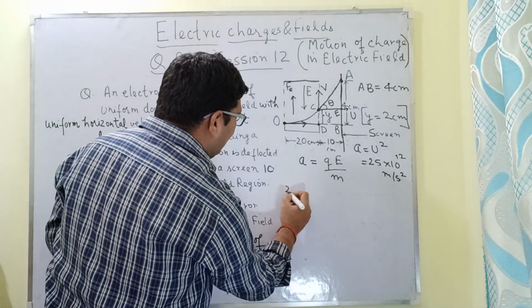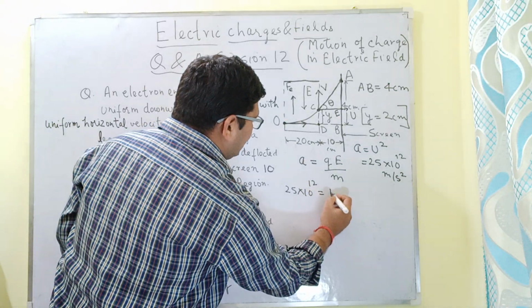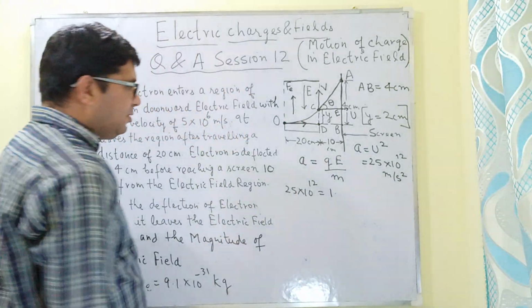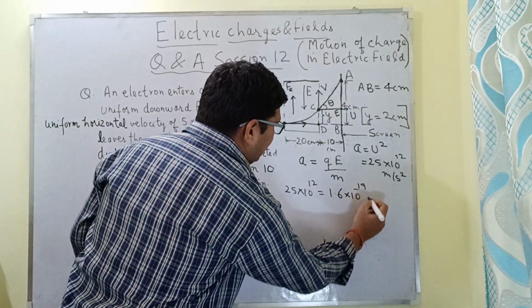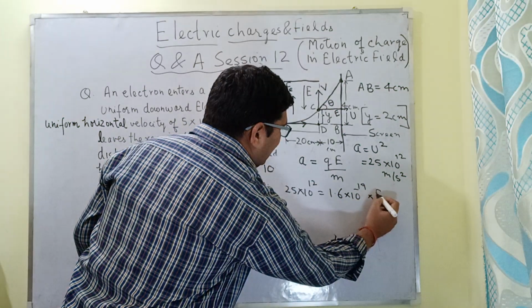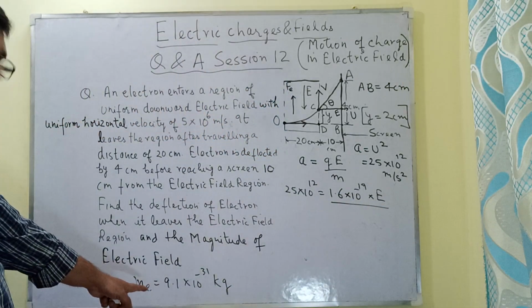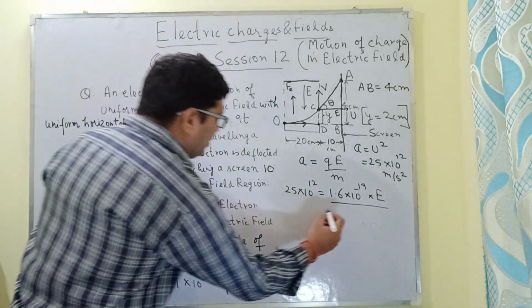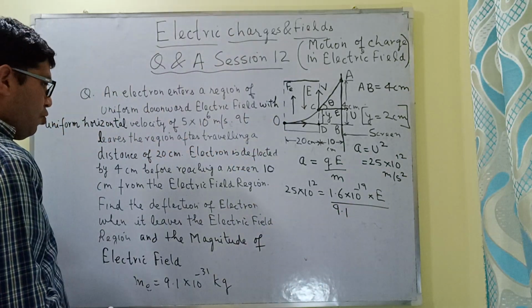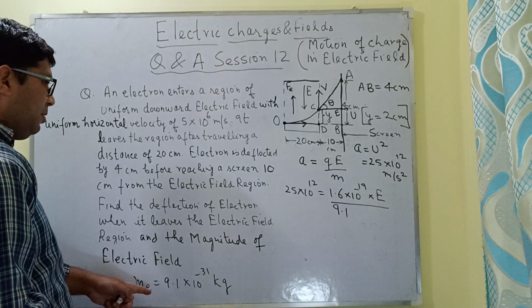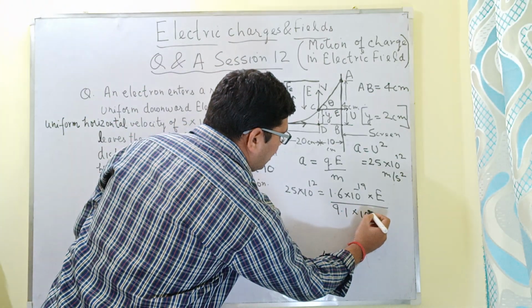So I will be putting this value here as 25 into 10 to the power 12. This is the charge of the electron, which is equal to 1.6 into 10 to the power minus 19 coulomb. We have to find the value of E divided by the mass of the electron. The mass of the electron is given in this question, which is equal to 9.1 into 10 to the power minus 31.